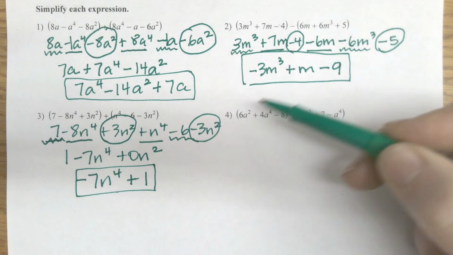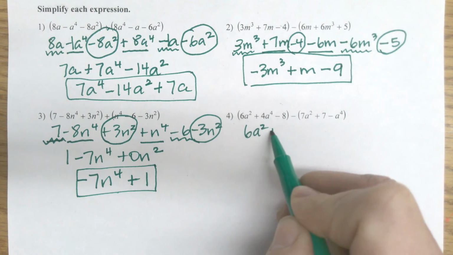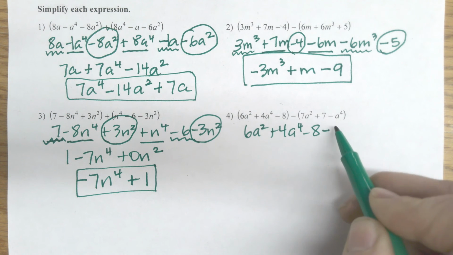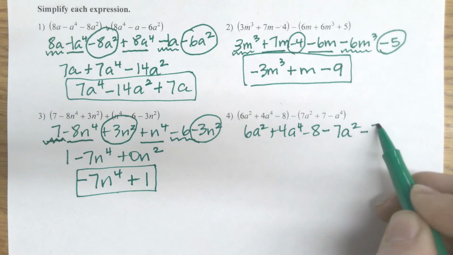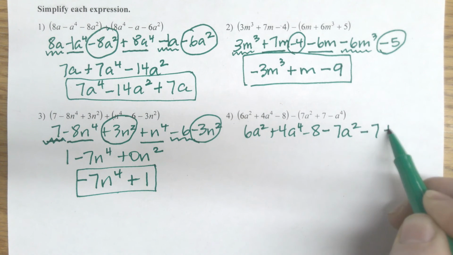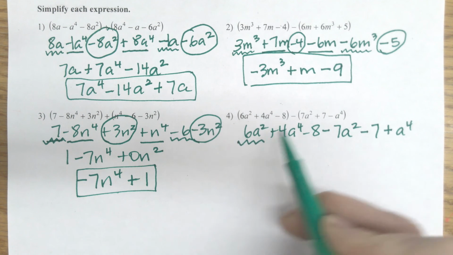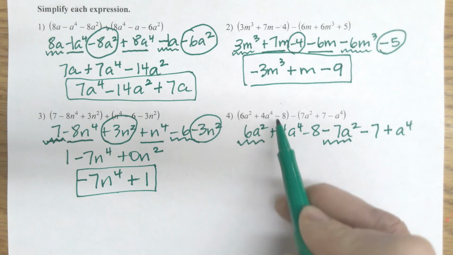And then lastly, one more where it's subtraction. Don't change the first, leave that as is. Change all the signs in the second, so every positive becomes minus, and the minus becomes plus. And then combine the matching, the identical variable parts.